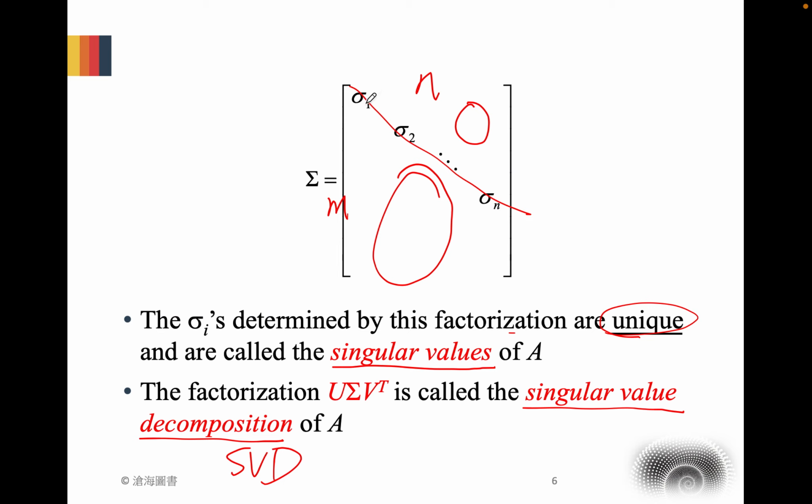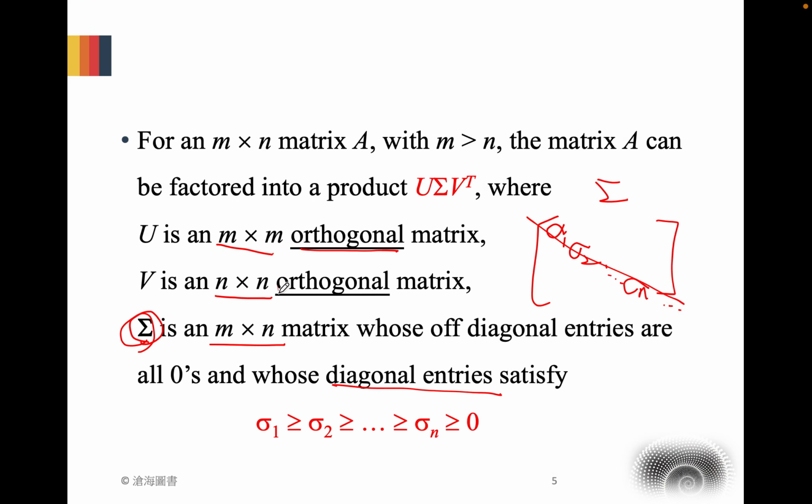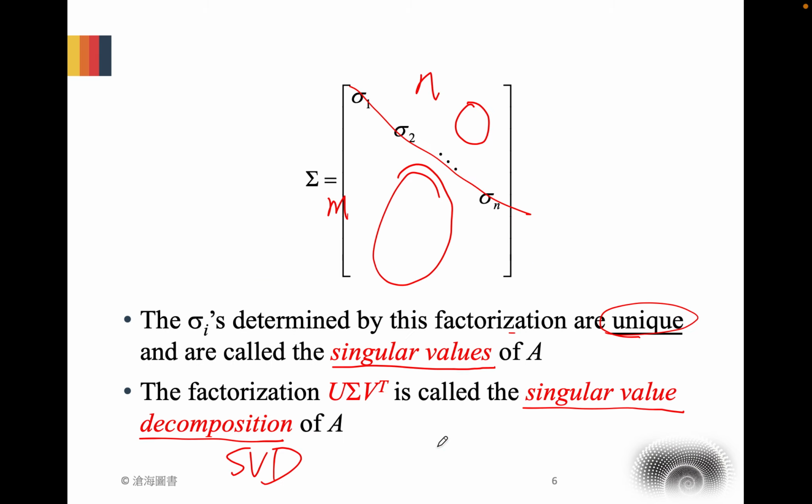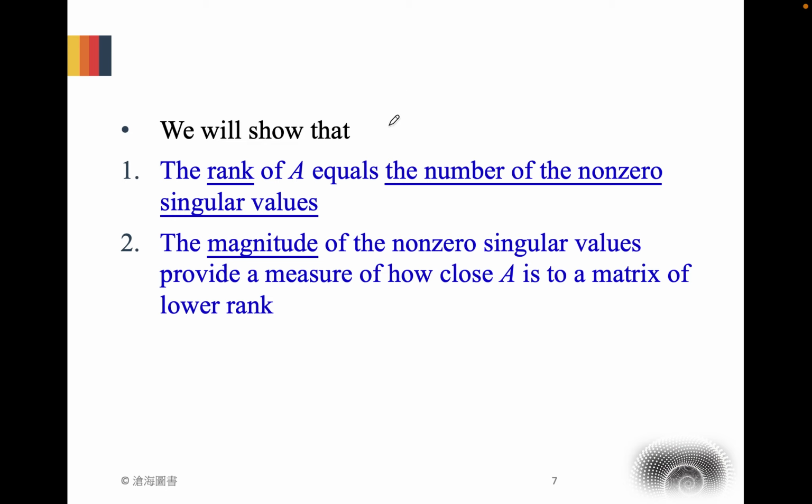From sigma 1 to sigma n, the sum of them would be 0, because we only want them to satisfy sigma 1 larger or equal to sigma 2 and so on, right? And the number of non-zero singular values is actually the rank.